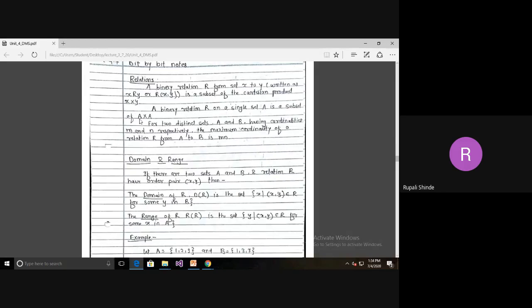Now they have given the definition as: a binary relation R from set X to set Y is written as X R Y. So what is the meaning of this X R Y? X is in relation R with Y. Or R, in brackets X comma Y, means this relation R is applicable to X and Y, and is a subset of the Cartesian product X times Y. So the meaning of this statement is the same as a relation is a set of ordered pairs.